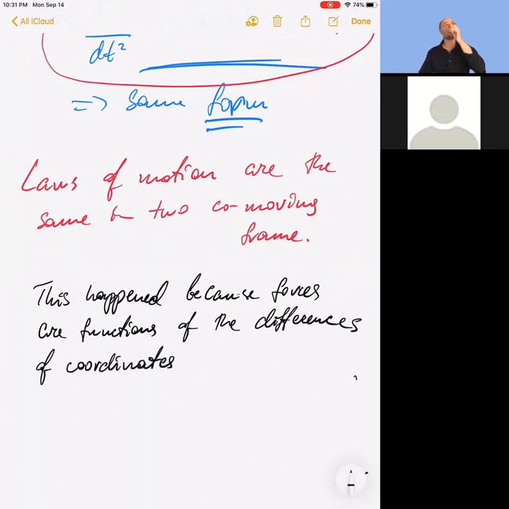Or another way of saying that is it's a function of relative coordinates. Coordinate of object 2 relative to object 1.